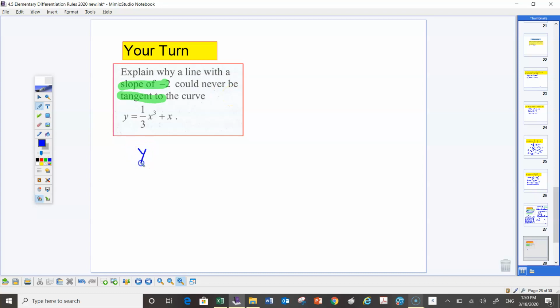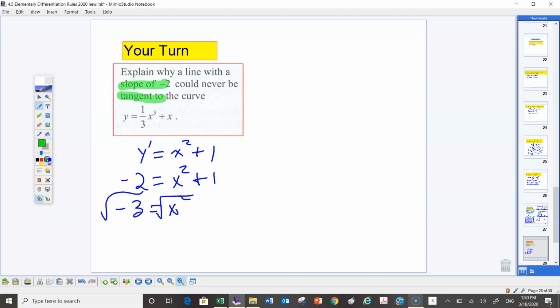So first of all, I take the derivative, and the derivative would be x squared plus 1. That represents the slope of my tangent line. Well, they're saying, why can the slope not be negative 2? So let's plug negative 2 in for y prime and see why it can't be negative 2. Well, if I try to solve for x, I would get x squared is negative 3, and now to solve you'd have to take a square root, and right away bells and whistles should be going off because you cannot square root a negative.